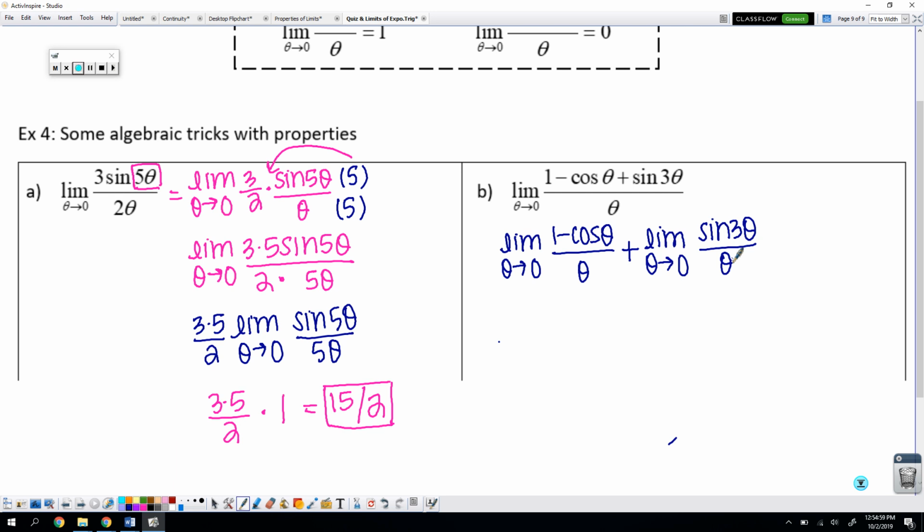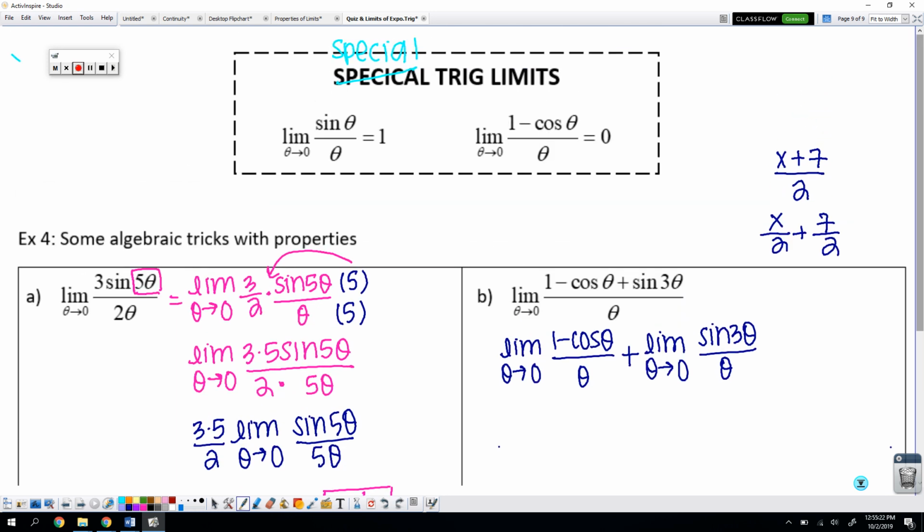This is almost like back in Algebra 1, when you had something like x plus 7 over 2 and you wanted to graph it, you put x over 2 plus 7 over 2. Each of them has to have the denominator in order to put them back together to make it look like the original. Now what we need to look at is whether our properties match.